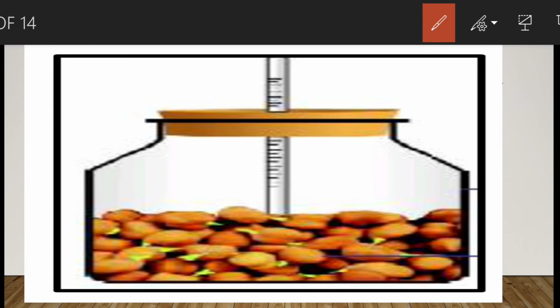This is the process. Take a handful of seeds, Bengal gram seeds, and insert one thermometer through the hole, and the bulb of the thermometer should dip in the germinating seeds. Arrange another set with dry seeds also.